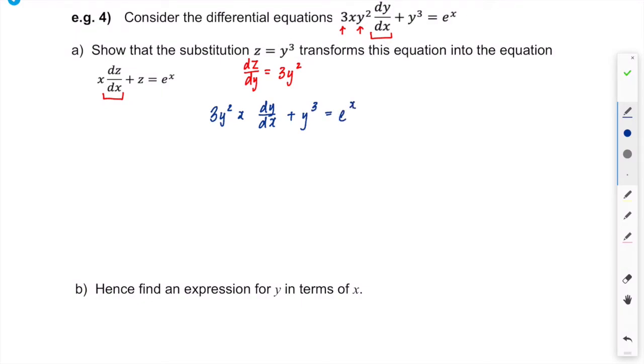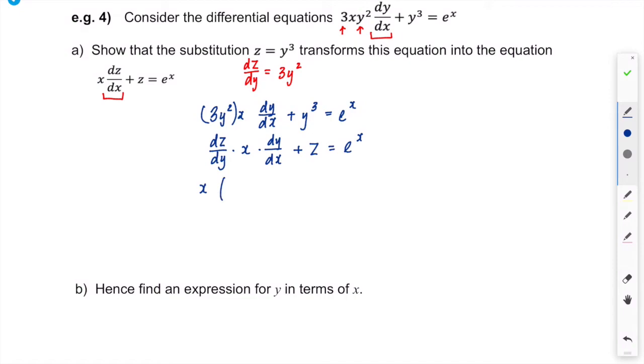With the substitution, 3y squared turns into dz by dy, multiplied by x, multiplied by dy by dx, and then plus y cubed, which is z, equals e to the x.